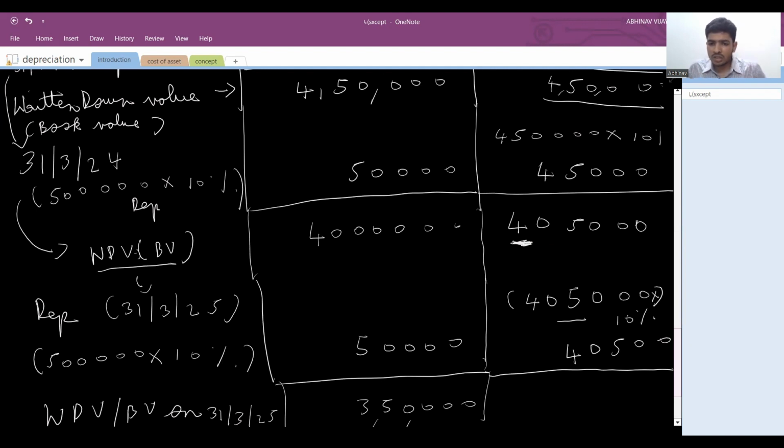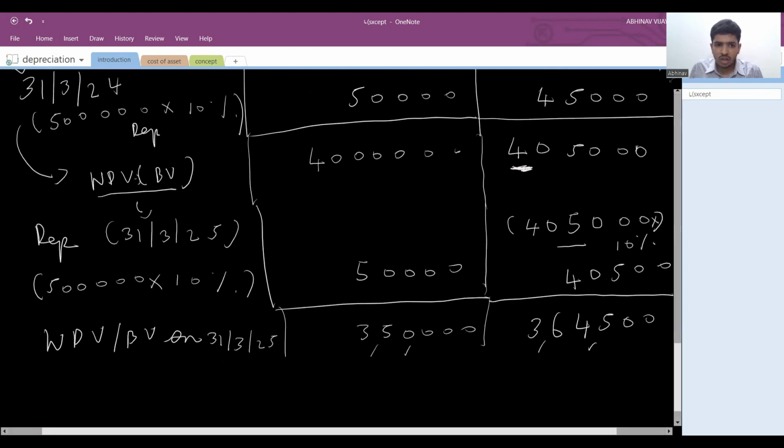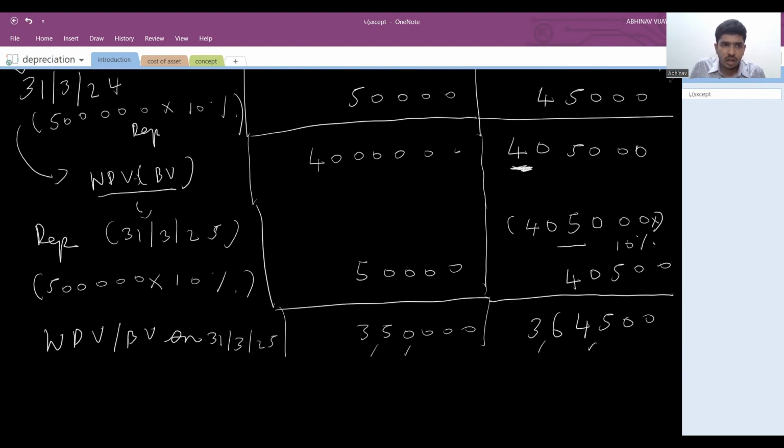So in this case, the remaining value is 3,64,500 rupees at the end of the third year. Okay, it's 2025. So this is 2026.